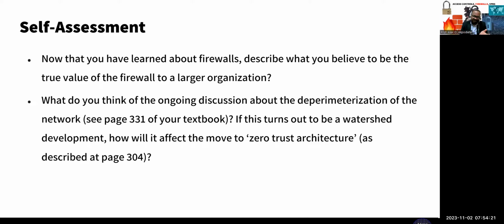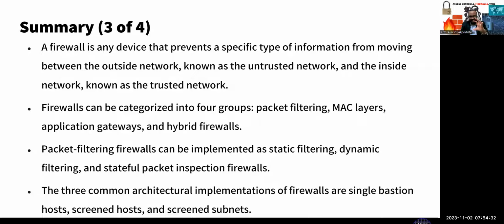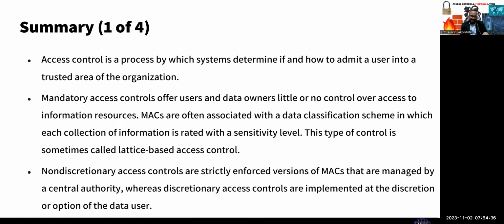So I have pretty much concluded this module. In the next module, I will deal with cryptography and other options to tie in everything we just mentioned about Kerberos, RADIUS, TACACS and Diameter. But in summary, we looked at discretionary and non-discretionary access control, and mandatory access control, MAC.